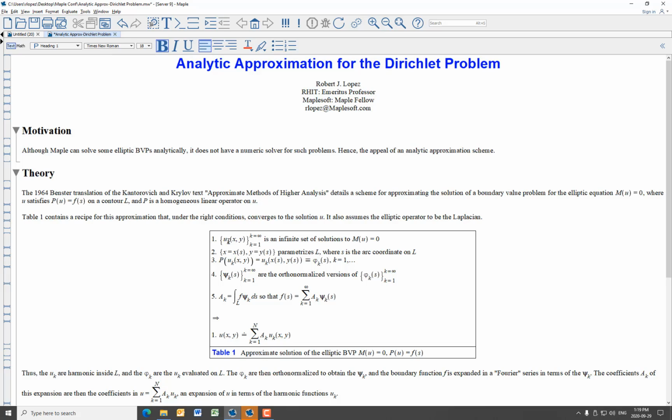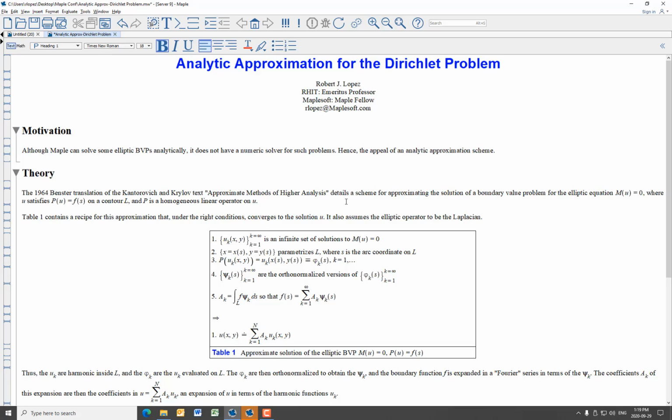Parameterize the boundary via arc length s. Let f of s, that's this function here, be the value that the solution assumes on the boundary. Evaluate each of these u_k's on the boundary and let phi_k of s be the function that results.